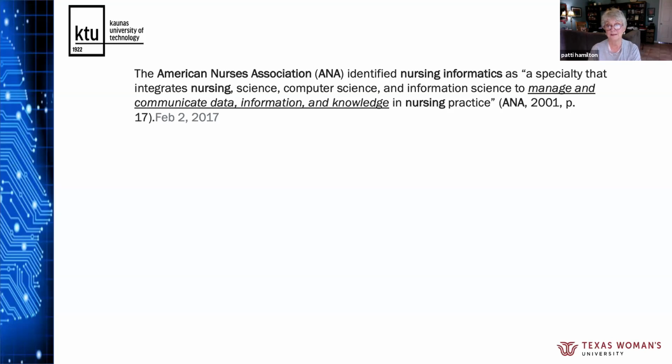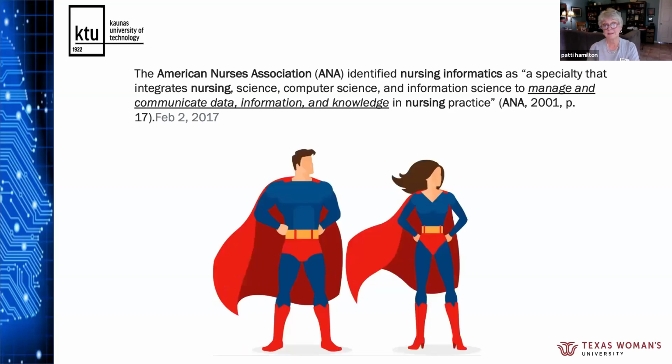They don't all mean the same thing. Basically, as a leader in your country in informatics, you're going to have to be Superman and Superwoman, because the task is a big one. But you can do it.